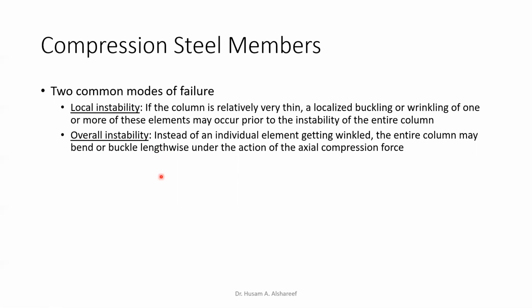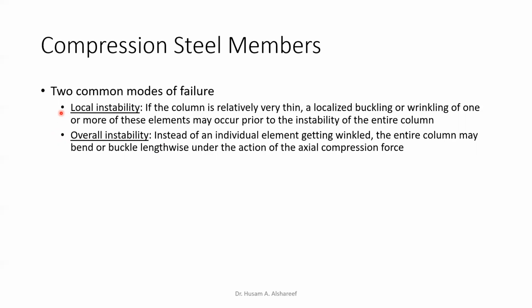So there are two types of failure modes that we have to be familiar with. First is the local instability, and second is the overall instability. For the local instability, typically our column would be relatively thin, and the buckle is local. It's at one part of the column, not for the entire column, from its title.